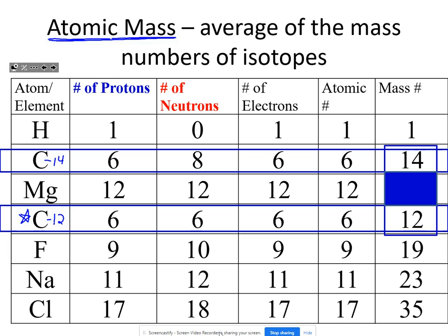Now, if you look at hydrogen in the back, you'll see that it's 1.0008 because there's hydrogen 1, hydrogen 2, hydrogen 3. The fact that the average is 1.0008 means that there are a lot more hydrogen 1s than the hydrogen 2 or 3. All right, so they're more prevalent in the world.